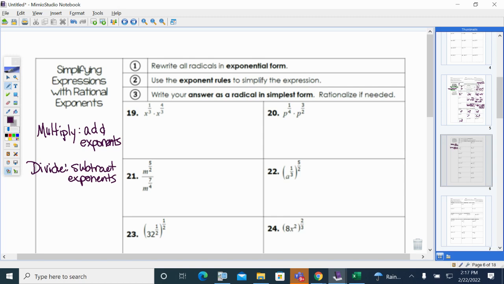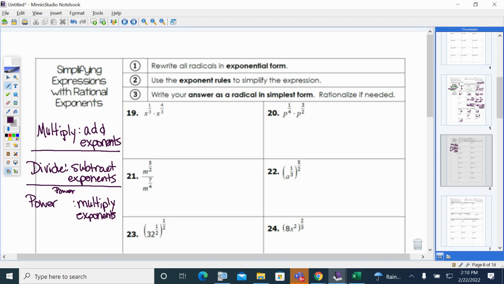If you have a power raised to another power, that's supposed to look like an exponent. So we've got an exponent to an exponent. You're going to multiply those exponents. And that's all I can think of as of right now. I may add to that as we go through. But basically, exponents do not follow those typical operation rules.